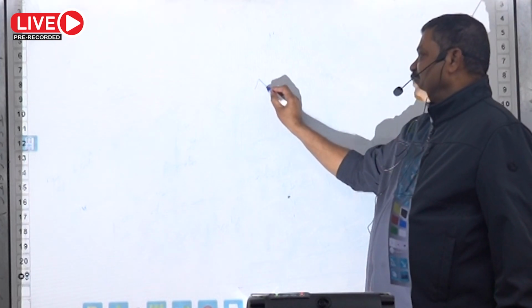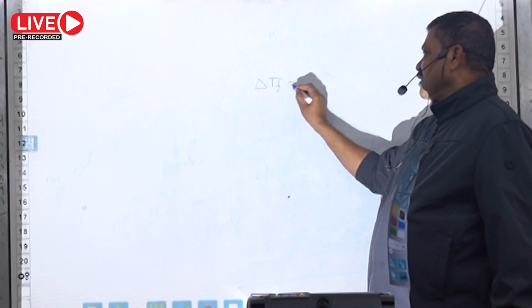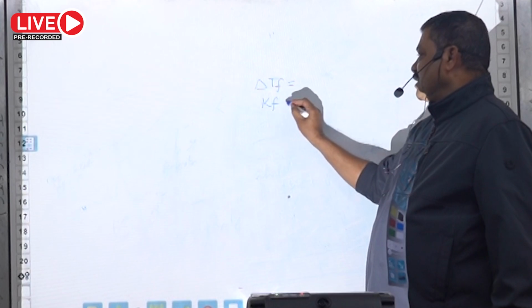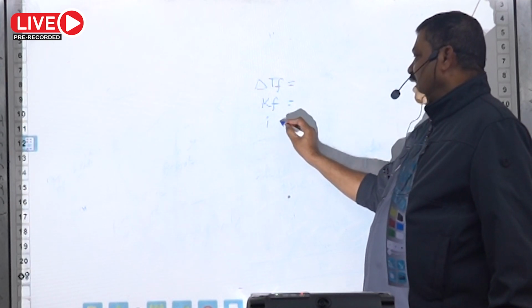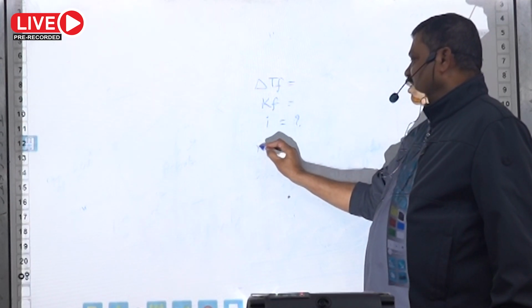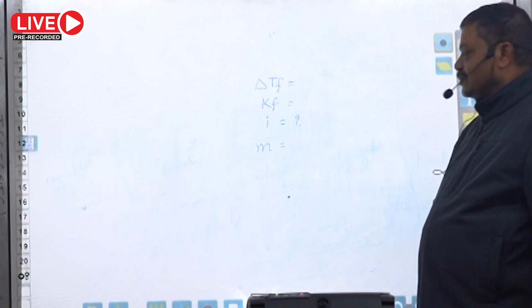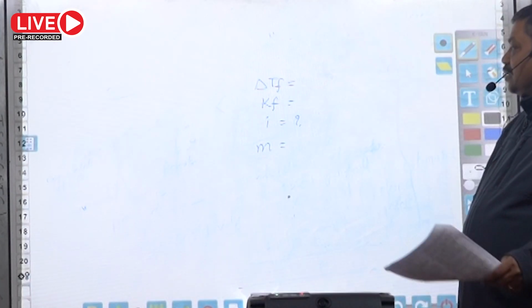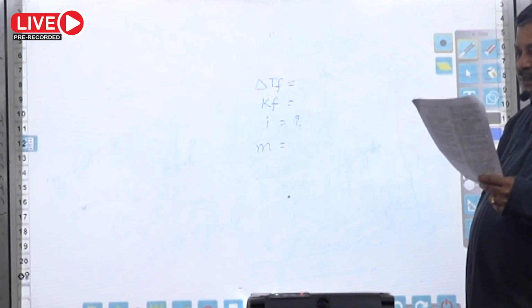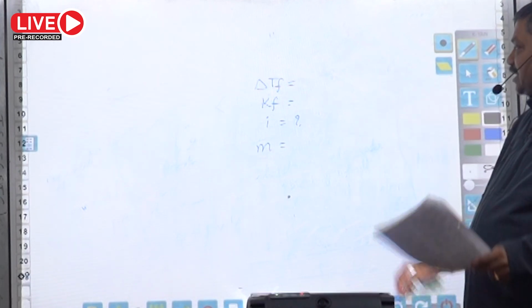So delta TF is given, KF is given. You have to calculate I. Molality is given. What is delta TF? Minus 3.82 degrees centigrade.